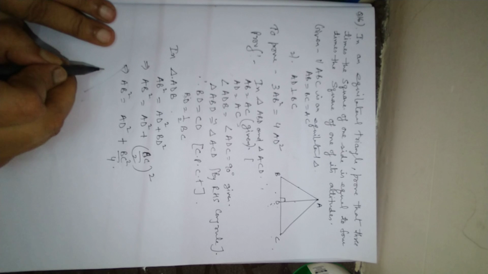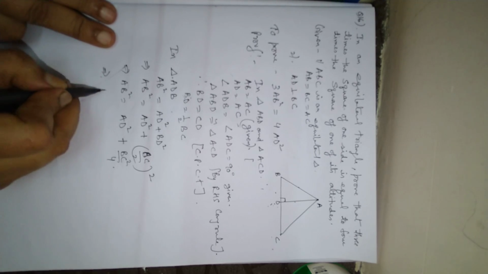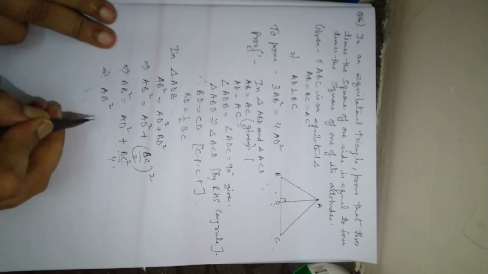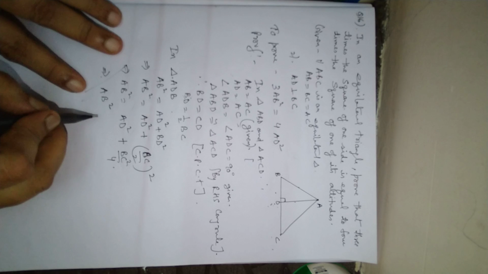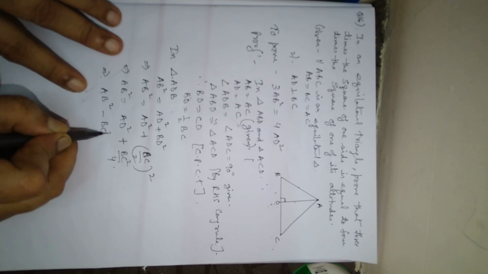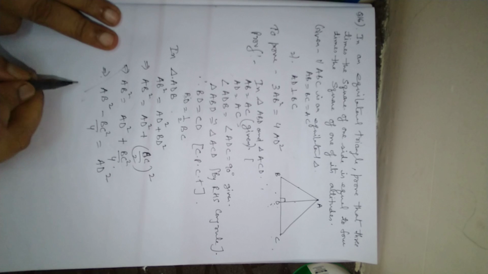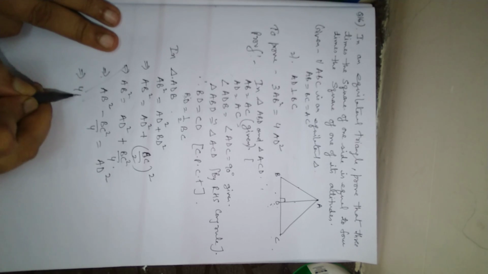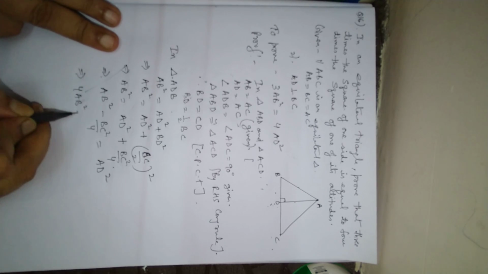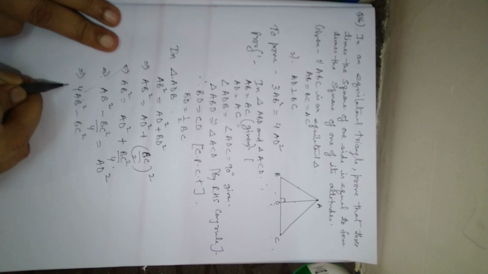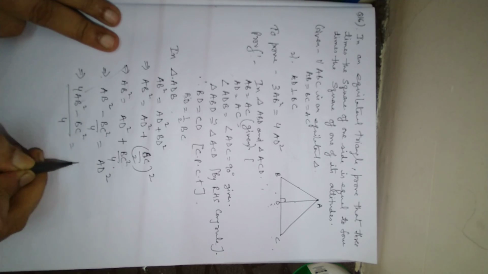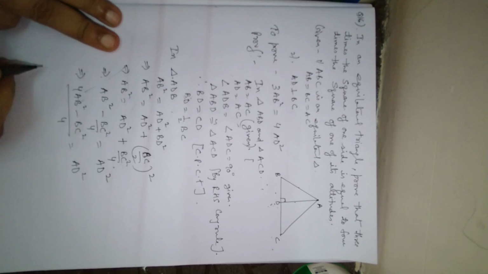Or this implies AB square minus BC square by 4, that is equals to AD square. Or this implies 4AB square minus BC square by 4, that is equals to AD square.